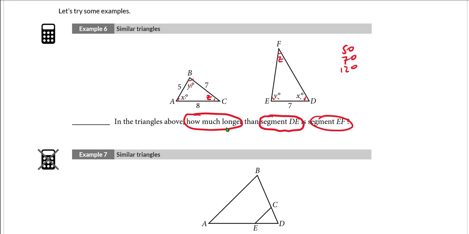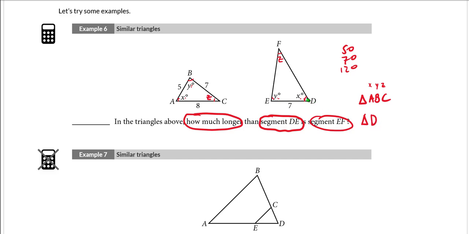Here's what I'm going to do. I'm going to set this up very carefully so I don't make any careless mistakes. I'm going to do it the way that we did in this info box up here. I'm going to first write the triangles. Let me do A, B, C. Remember that A is the X angle, B is the Y angle, C is the Z angle. So triangle ABC is going to be proportional to triangle, what is this going to be?